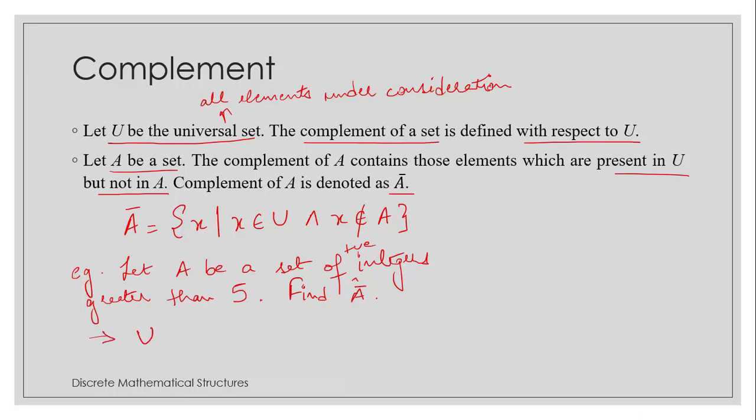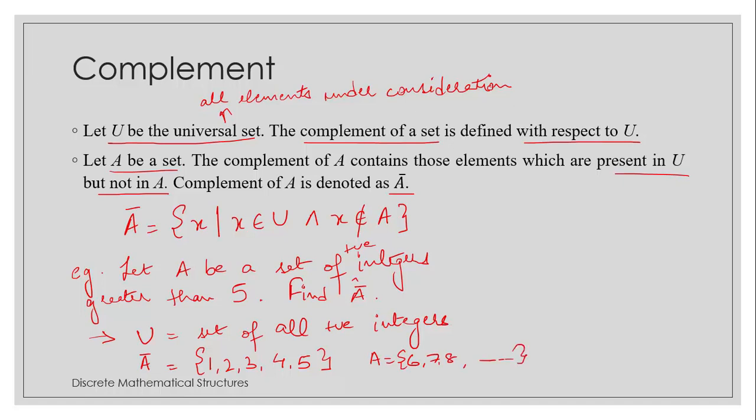So universal set will be set of all positive integers. So here A bar will contain all those elements which are present in U but not present in A. So we can say that A bar will contain elements 1, 2, 3, 4 and 5. Why? Because A will contain elements from 6, 7, 8 and so on up to infinity. So A bar will contain elements 1, 2, 3, 4 and 5.